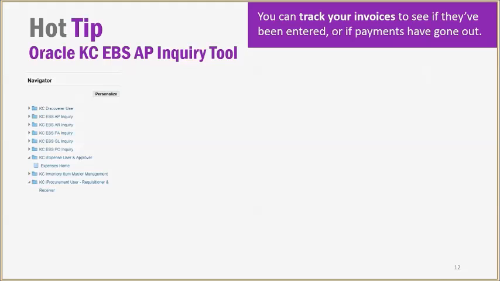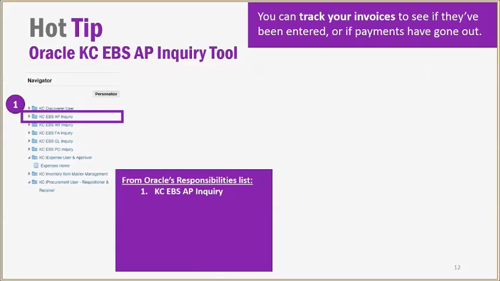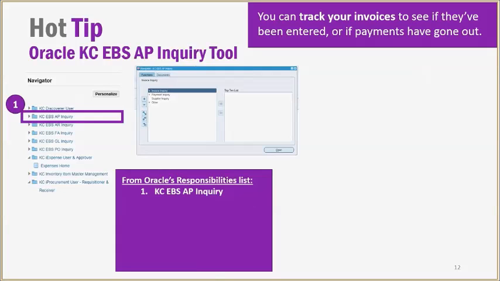So first off, you want to make sure that you actually have the inquiry tool to use. And you should see in your list of responsibilities here, AP inquiry, which is highlighted. If you do not have this function, please see your supervisor so that they can make sure it's added to your list of responsibilities.